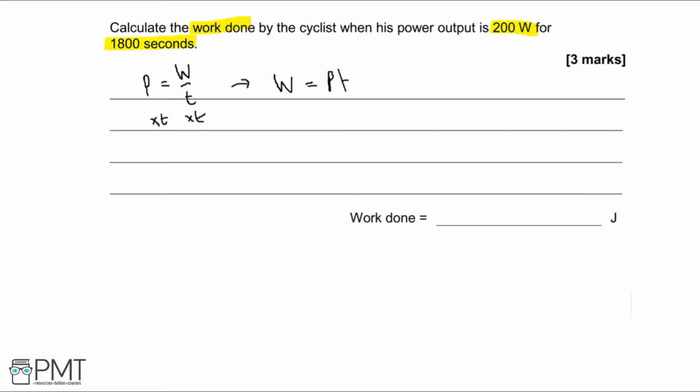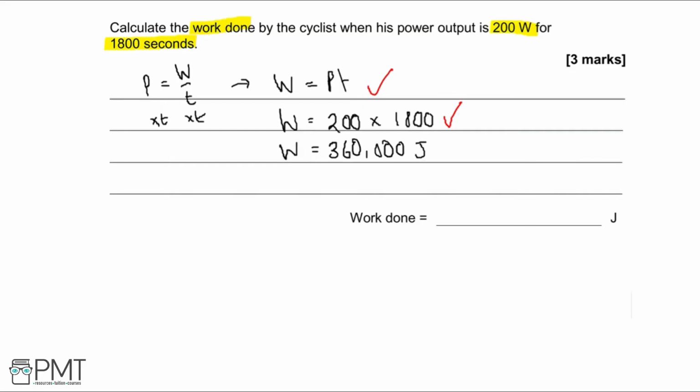W equals power times time. This is the first mark we get for rearranging this equation. The second mark is then for inputting the values they've given us into this equation. So P is 200 and T equals 1,800. That gives us our second mark. And then our final mark is for the final correct answer, and that is 360,000 joules.